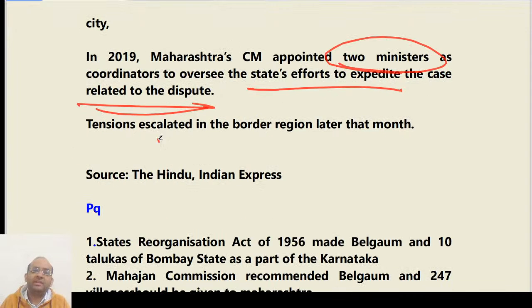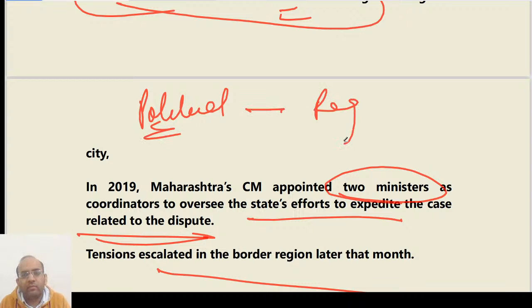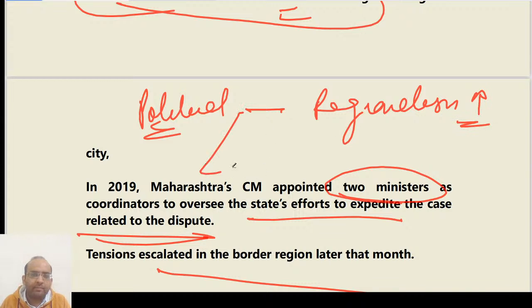And also there are some tensions in the border region. So what happens? Let me tell you the political background of this issue. One thing you understand, because of regionalism, this demand has risen. Second, recently what happened? One seat in Belgavi region got vacant because of the death of the Congress MLA there.